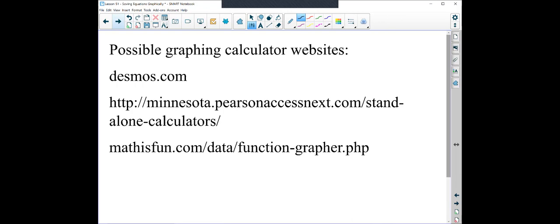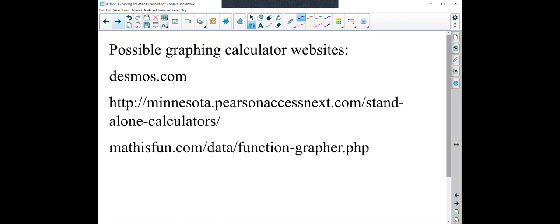This website, minnesota.pearsonaccessnext.com, is the website that has the TI-83. I think it's the color edition, but it's the one that they use for the MCA test. There are directions again in Schoology of how to get there.